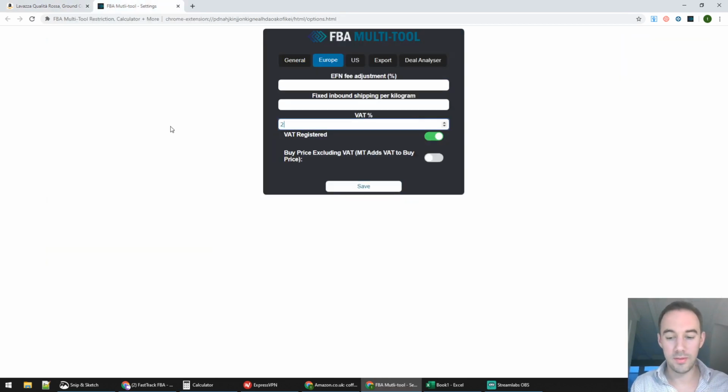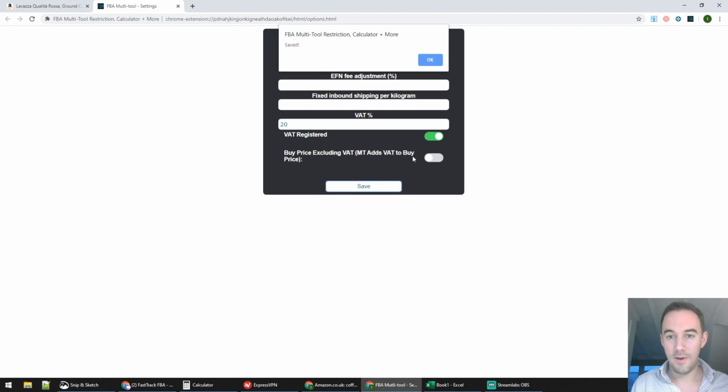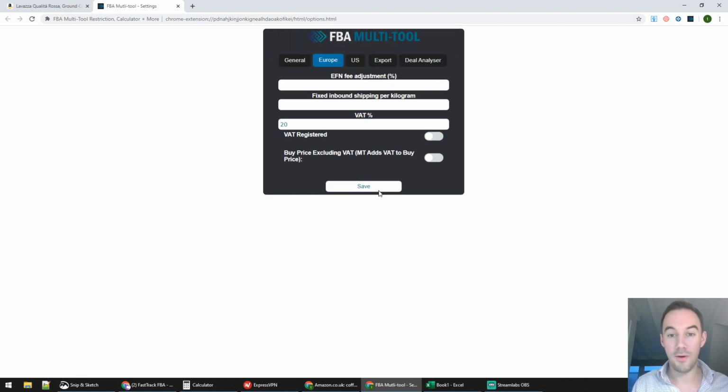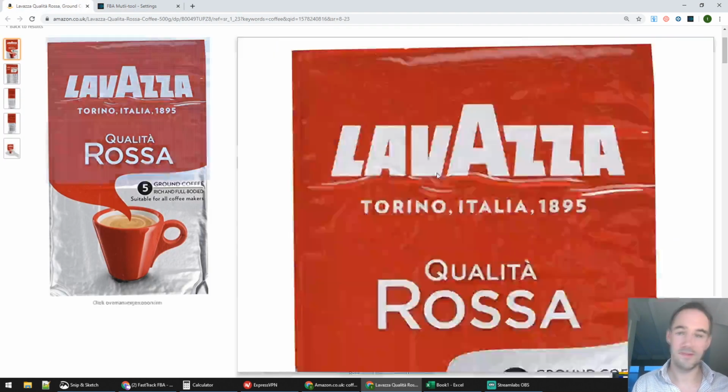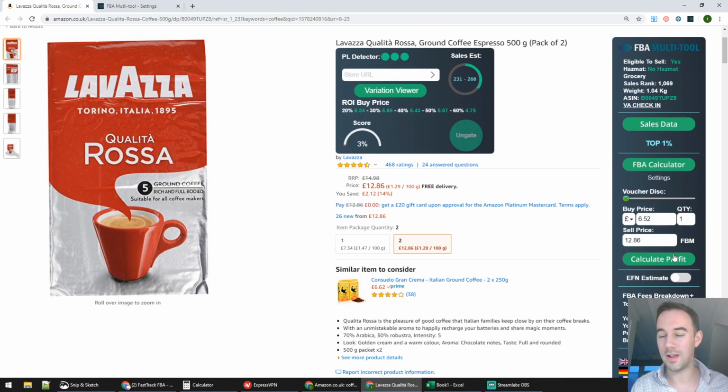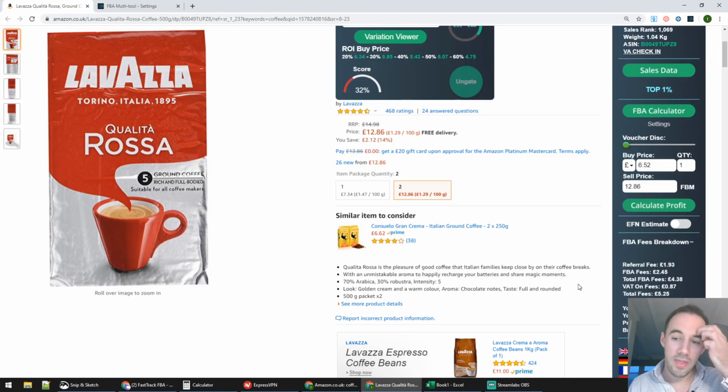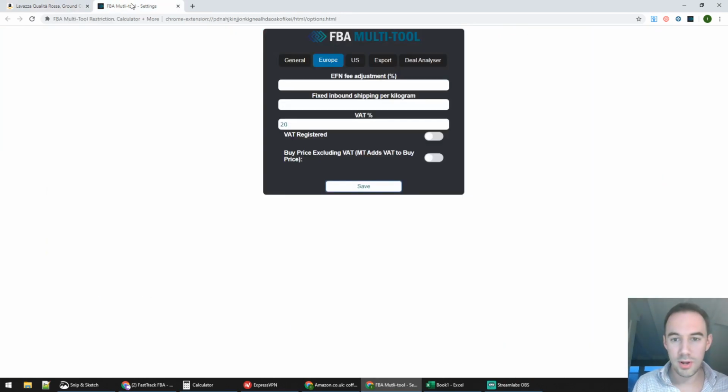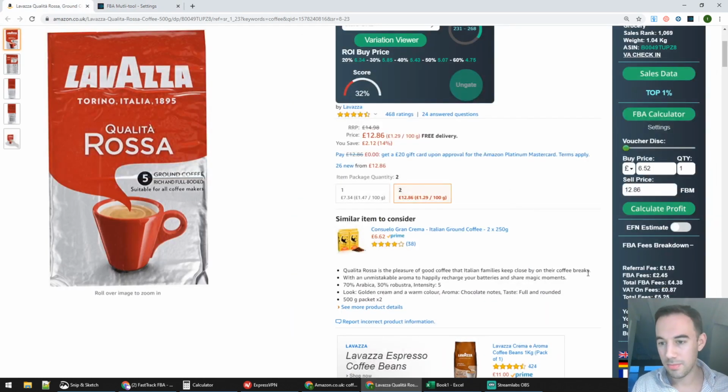Okay, 1 second, sorry. If I say this, I'm not VAT registered, 20%. Let's recalculate that. Okay. The problem is it's taking off VAT on the fees, and is it doing it on the product? No, it's not actually. So referral fees, total FBA fee is £4.38.